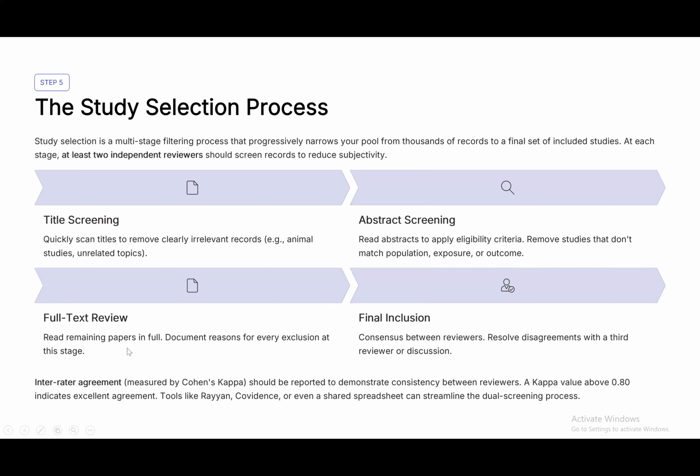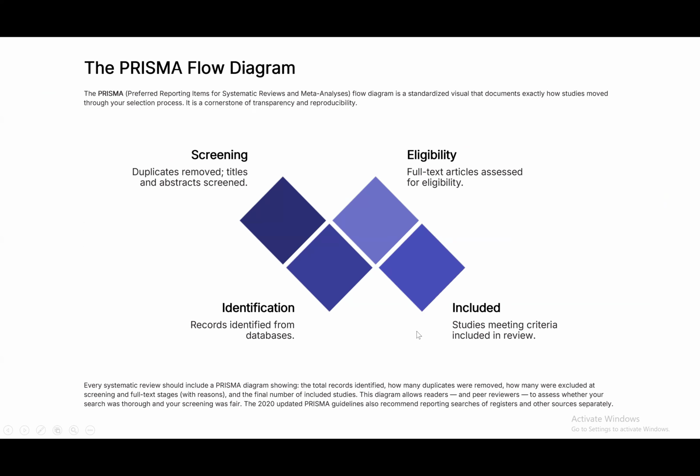Then the full text, where you're checking them in depth and asking them serious questions. When you picked up those papers, extracted them into an Excel sheet, and started going through them, what did you find out inside of those papers? Of course, that's what you're going to do in your full text screening, right? So you have to document the reasons before your final inclusion.